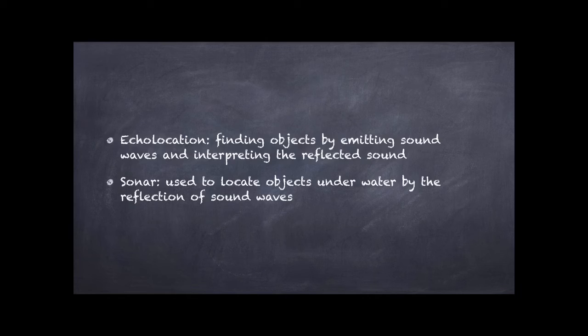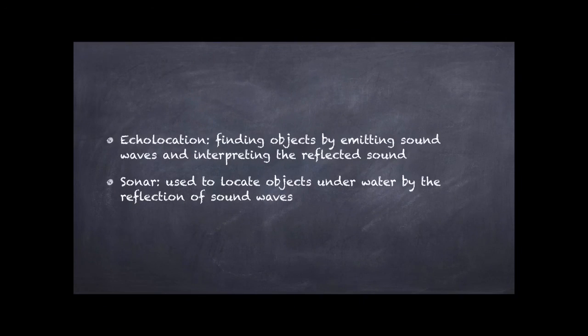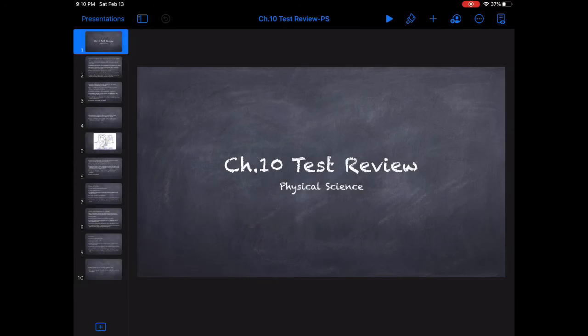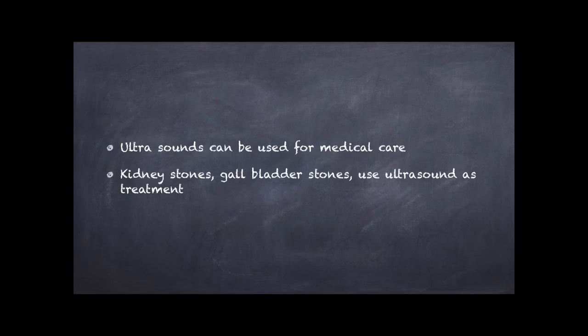And then they are able to measure the time it takes for the reflection of sound waves to come back in order to calculate the distance. And sonar can be used in ultrasound to make images. They can be used to find the bottom. They can be used to map out the ocean floor and things like that.